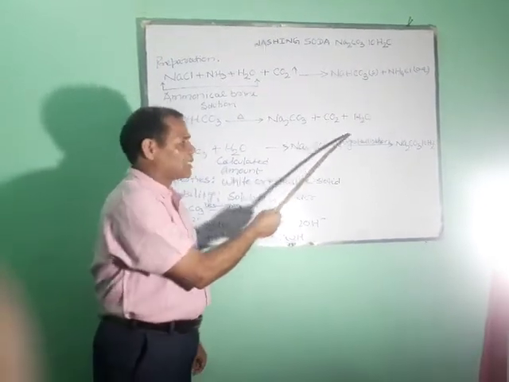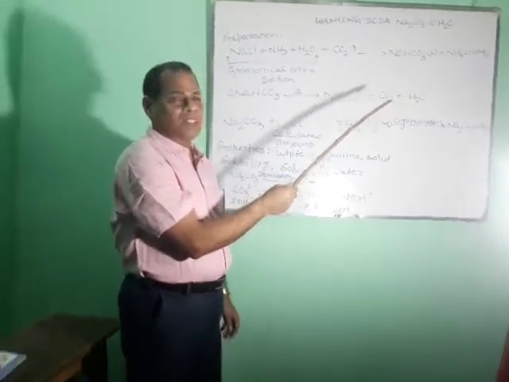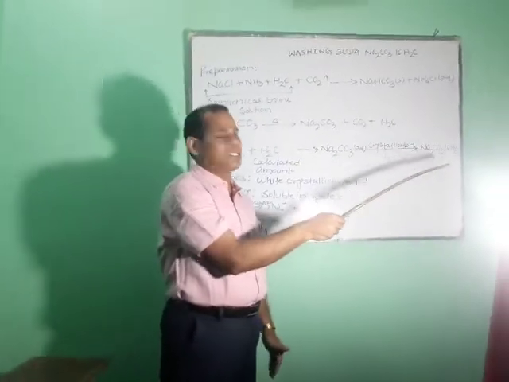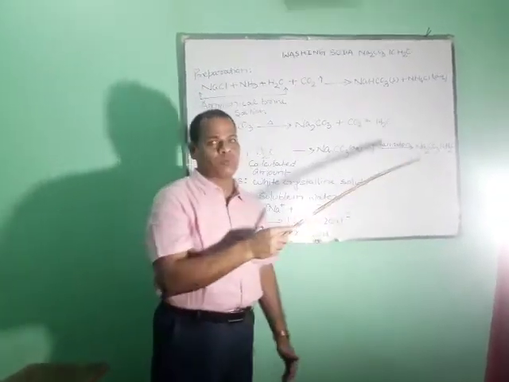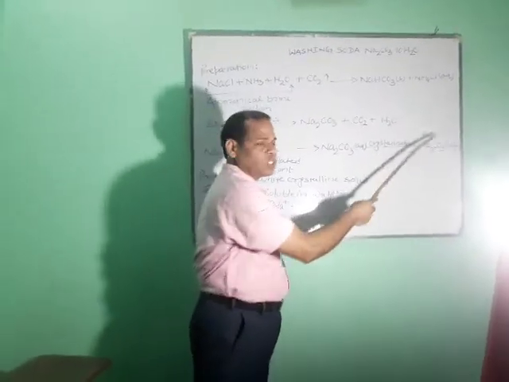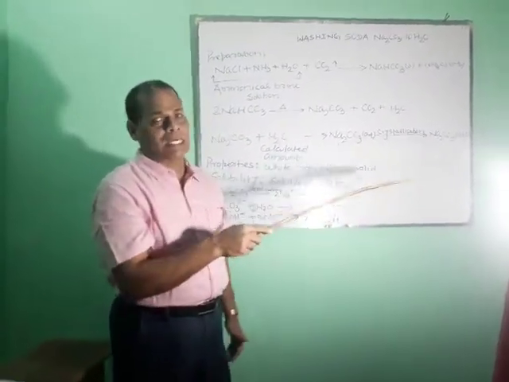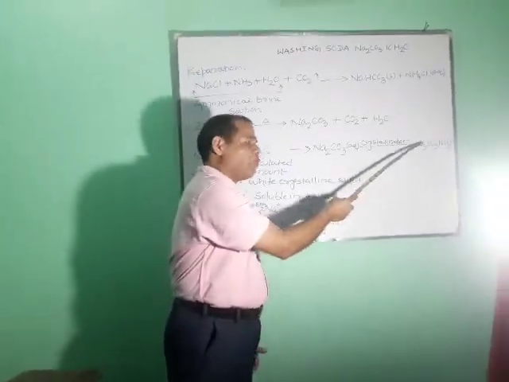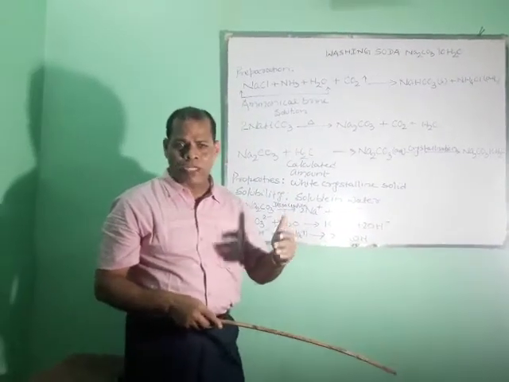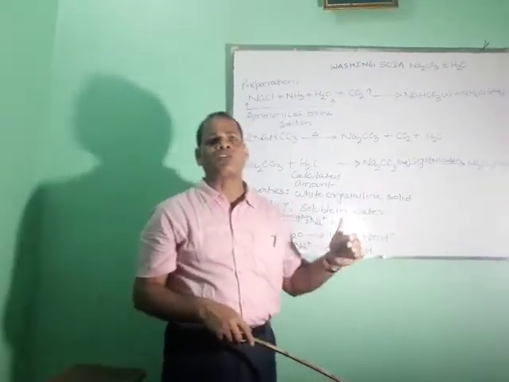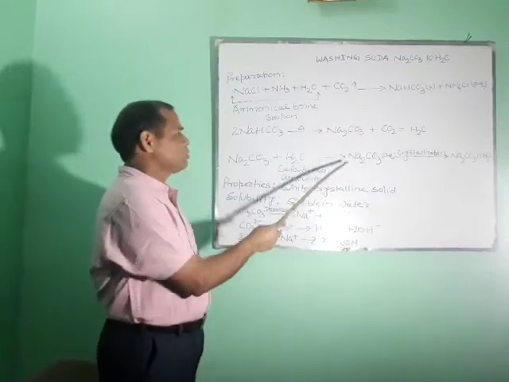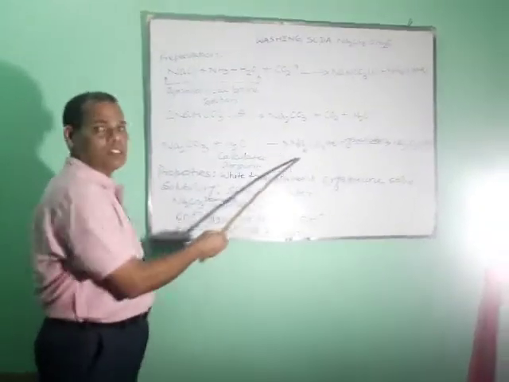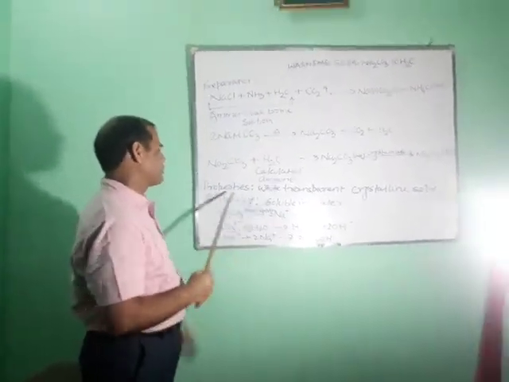The next step is crystallization, and then we get crystals of sodium carbonate decahydrate, Na2CO3·10H2O, which is the chemical formula of washing soda. This is the way washing soda is manufactured. Now let us come to the properties.